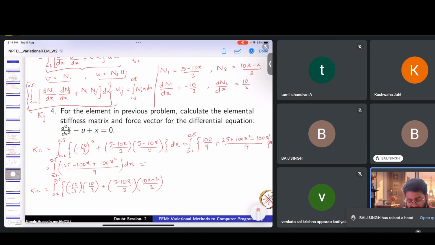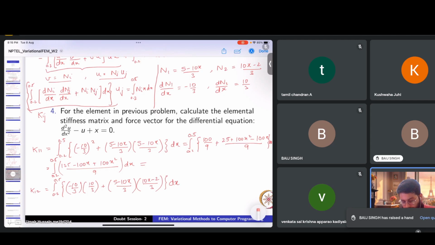You see how complicated this integral can get if we just use the coordinate system of the given element. If we had transformed it into the natural coordinate system, the shape functions would be much prettier. Okay, so we can evaluate this also.